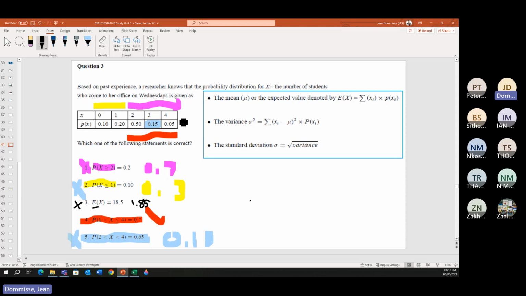Obviously, they could have added the variance question as well, but for now, we looked at the probabilities and expected value.